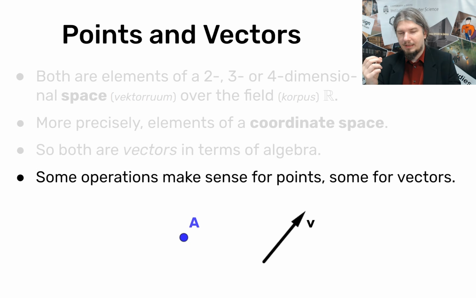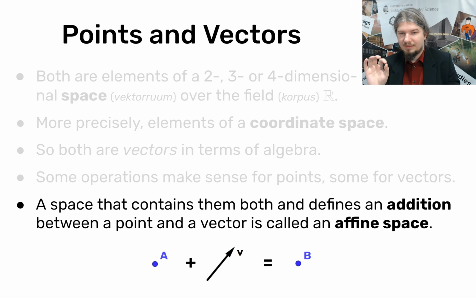So both are vectors in terms of algebra. But as we see soon, some operations will make sense for points and some will make sense for vectors. And a space that actually contains both of them and defines an addition between a point and a vector is called an affine space. And it makes sense. We have a location, we have a direction vector, and maybe you have even done this in high school.